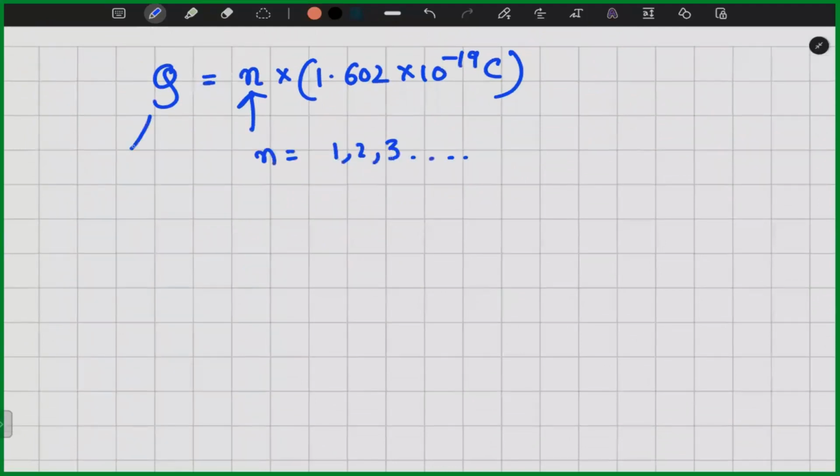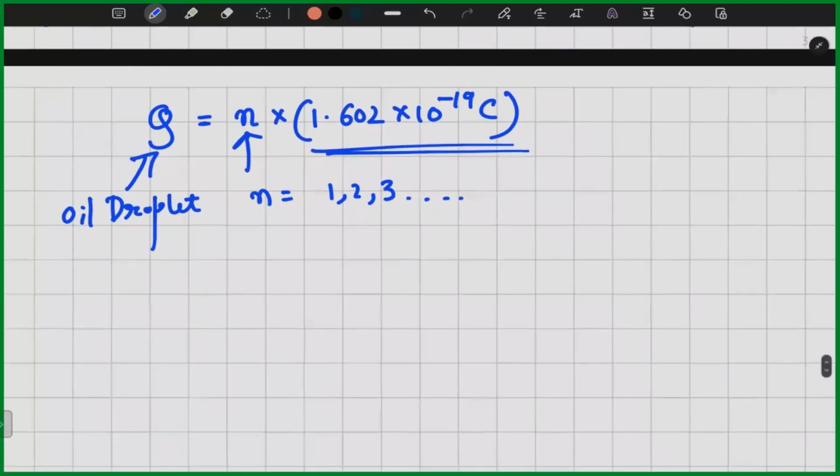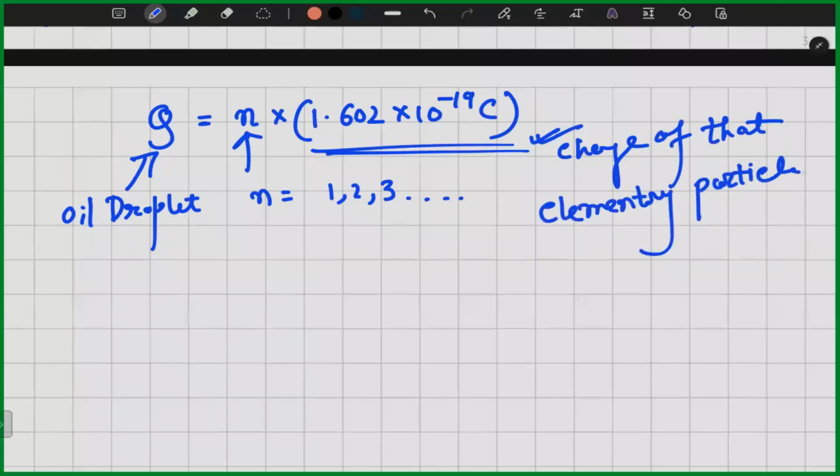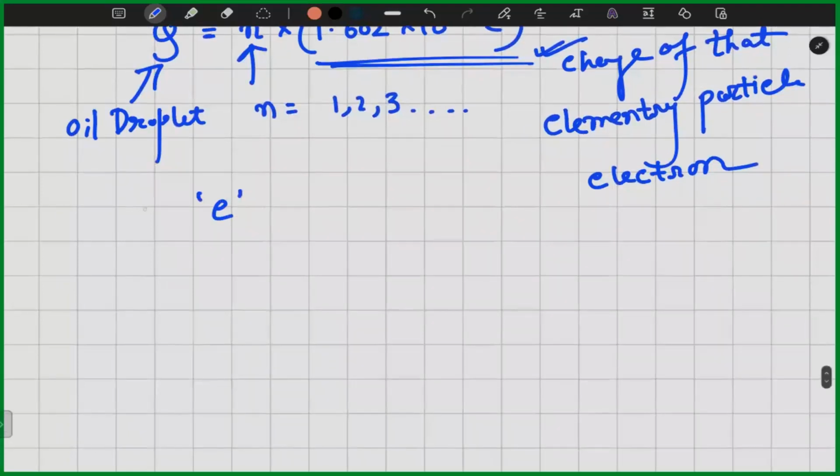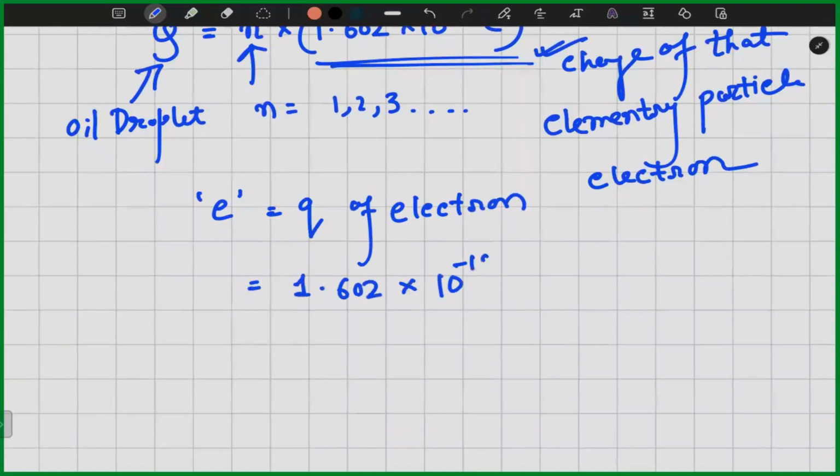From here he concluded that this is the charge of that elementary particle which we named as electron. So this is the charge of the electron, which we denote as e: 1.602 into 10 to the power minus 19 coulomb.